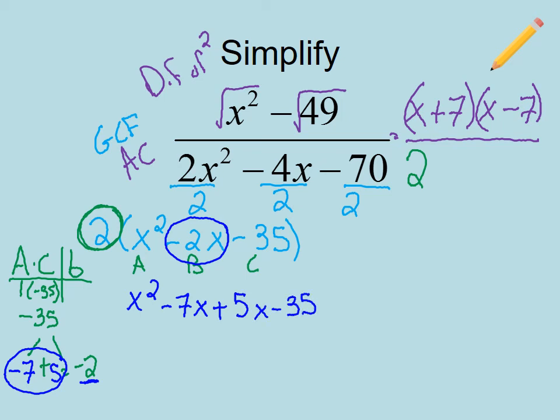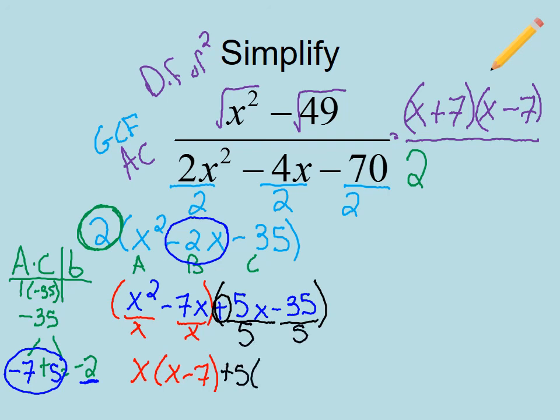Then I'm going to go ahead and do my grouping. My first 2 are together, and my last 2 are together. Breaking this down, what can come out of my first one? Well, I can only take out an x. Not a number at all, so I just have x. I'm left with x minus 7. My second group here, I can just take out a 5, and it's going to be a positive 5 because that's positive.